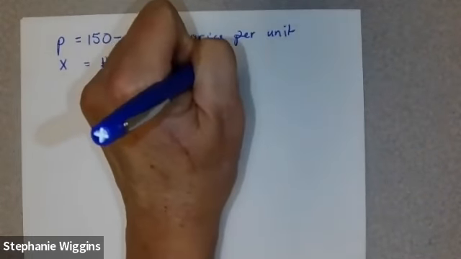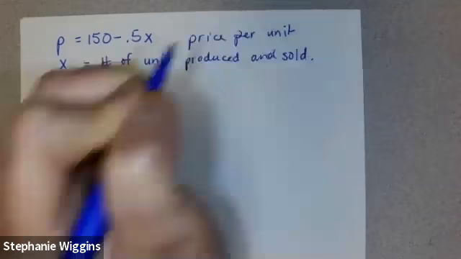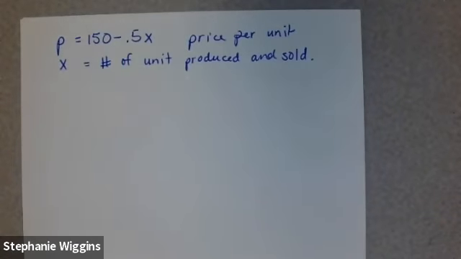And I think they have to be produced and sold. So you have to sell all of your units that you produce. And this is going to maximize revenue. They figured this out.